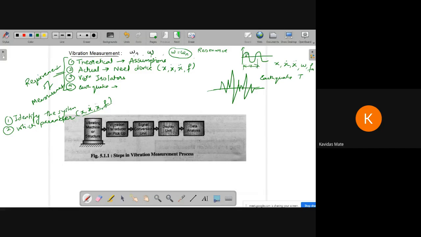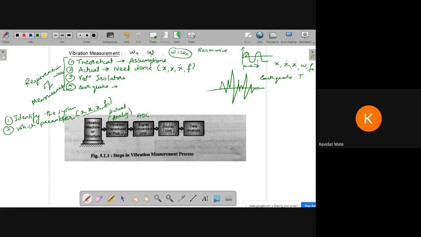That parameter is measured by an instrument or pickup that we place on the machine or structure we want to measure. Next, this measurement is actual, or we call it analog. We get this analog signal from the machine, and it is then converted by an analog to digital converter.